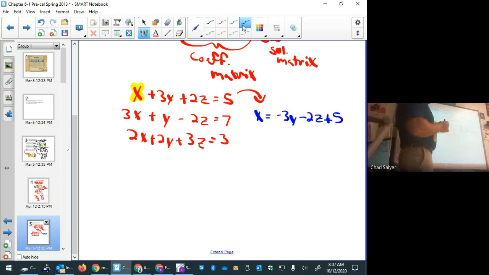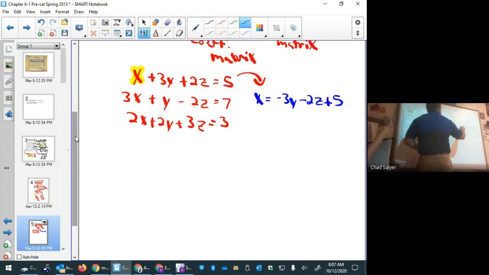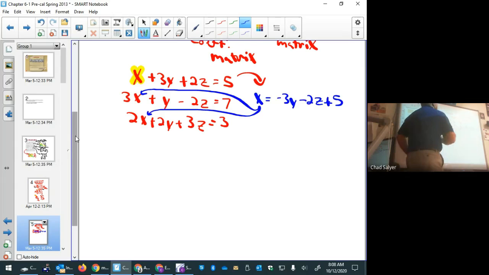If I subtract 3y and 2z from each side, I get this expression that's equal to x. And so what we'll do is plug that in for both of the other x's, and then simplify the result. So this is going to go in here and here.